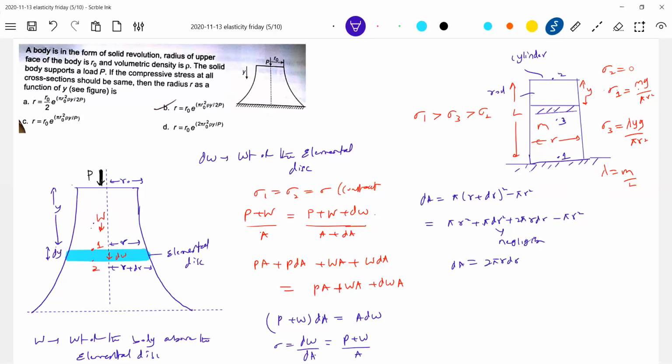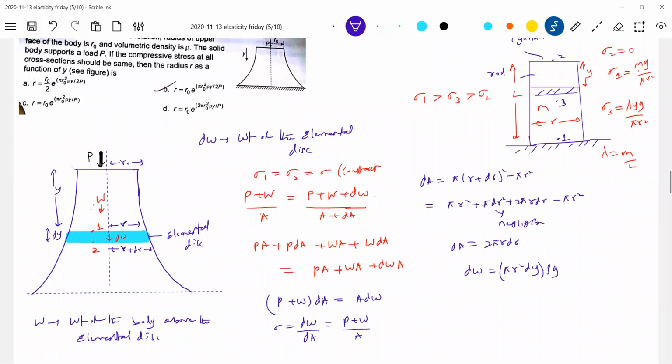What is the increment in weight, dW? Pi r squared dy will be the volume, no? dW will be pi r squared dy into rho into g. Let me substitute all the values. The weight of the elemental disk that we have calculated here: pi r squared dy becomes volume into density into gravity.